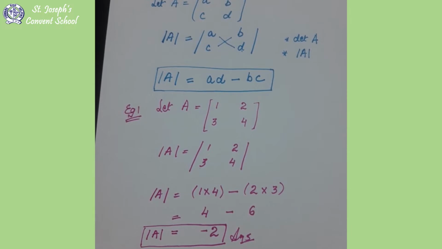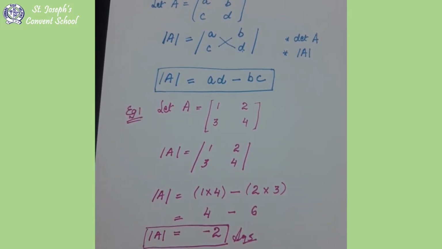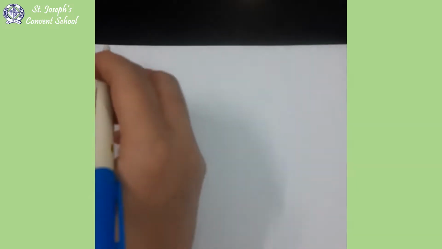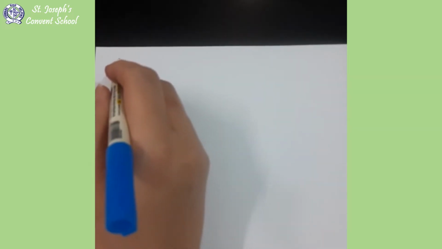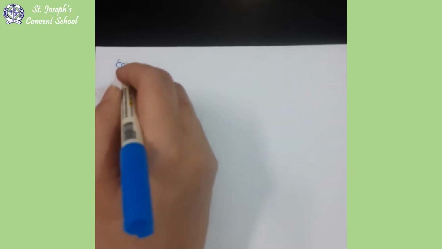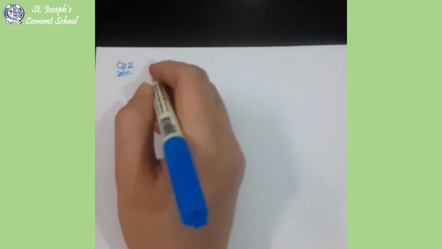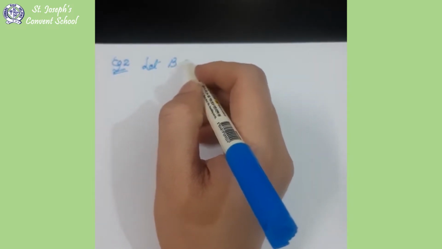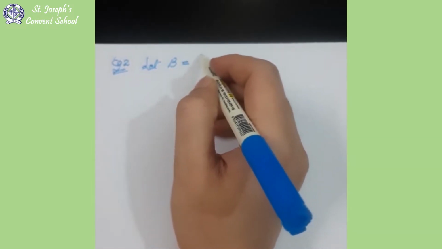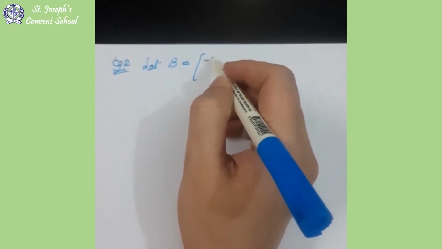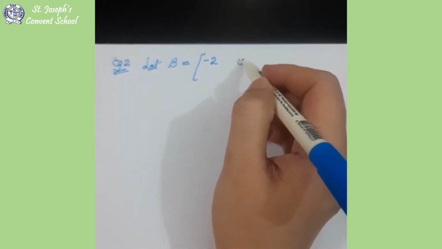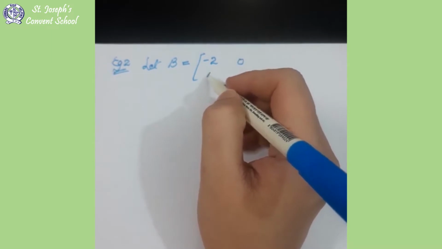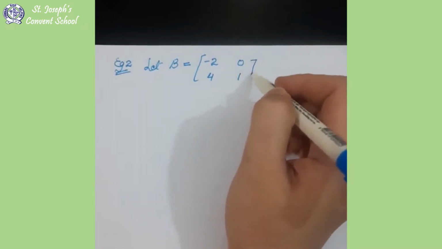One more example I'll give you. Let's do example number 2. Let me write the question. Matrix B is given, B equals minus 2, 0, 4 and 1.